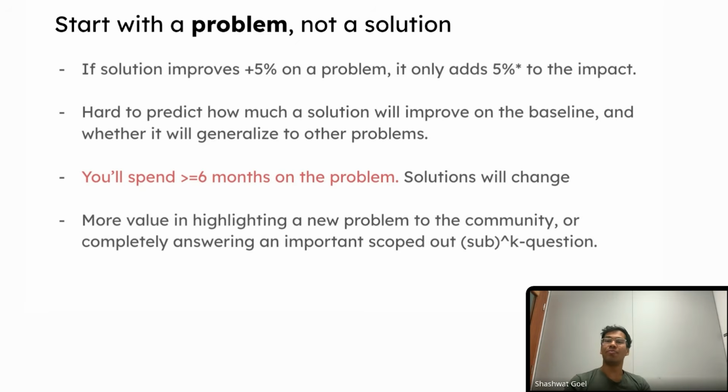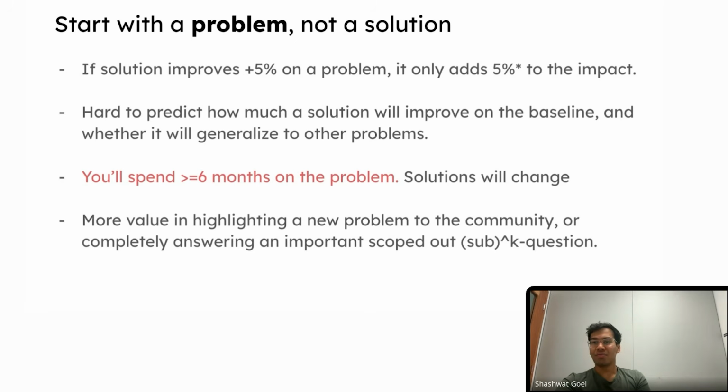So I would say that highlighting these new questions gives you the opportunity to really go from 0 to 1 on that problem in terms of impact, whereas just improving marginally by doing some hacks or tricks on a specific solution or benchmark will only make your impact marginal.